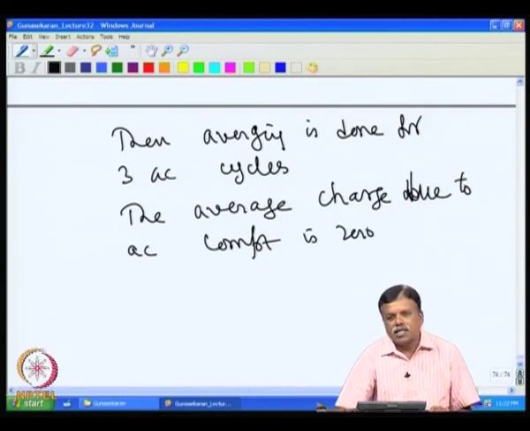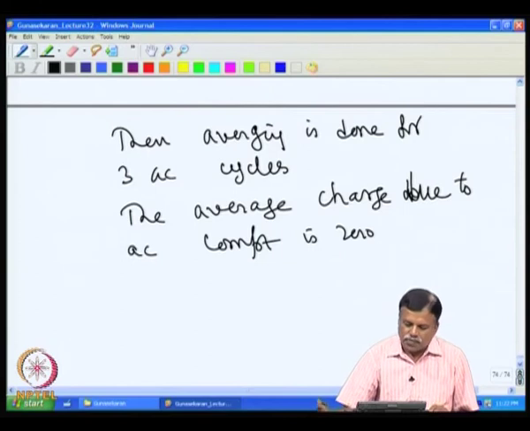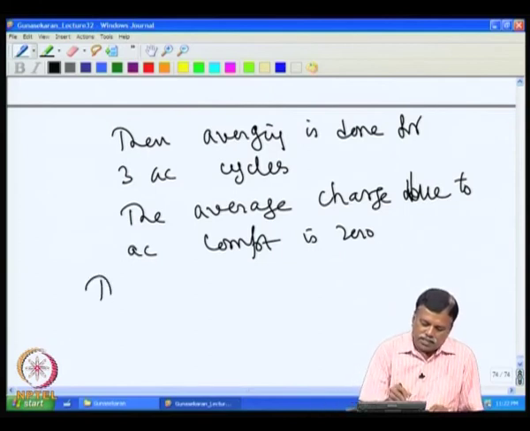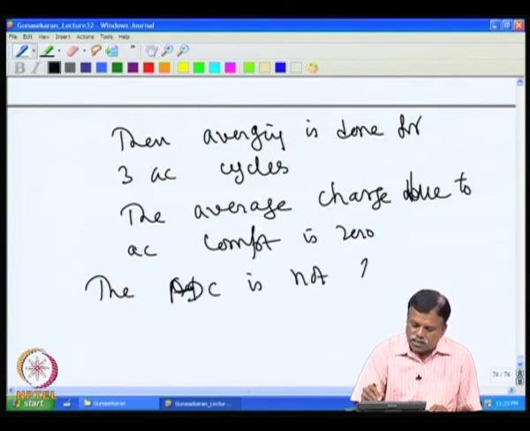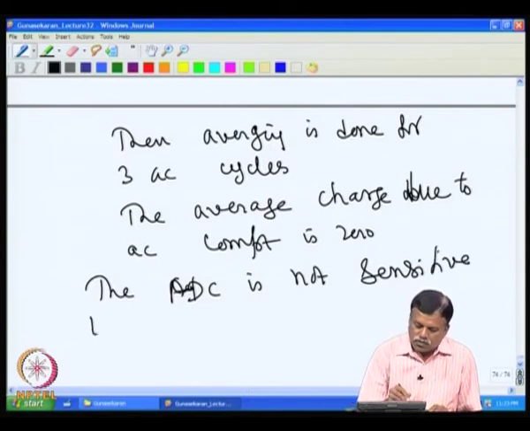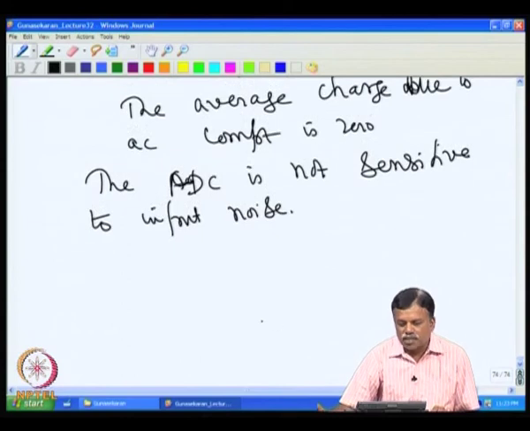So, as long as T on is an integral multiple of the noise time period, the converter is insensitive to noise. The ADC is not sensitive to input noise. This is the special merit of this dual slope ADC converter.